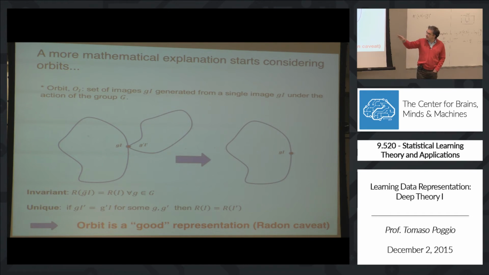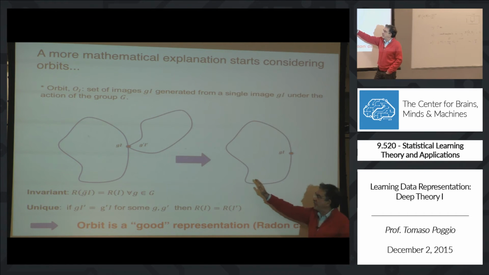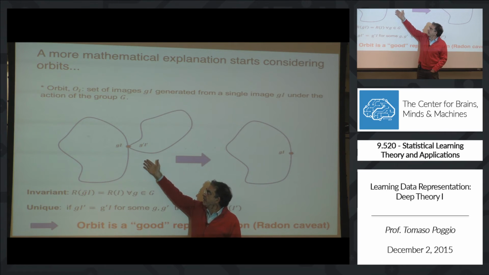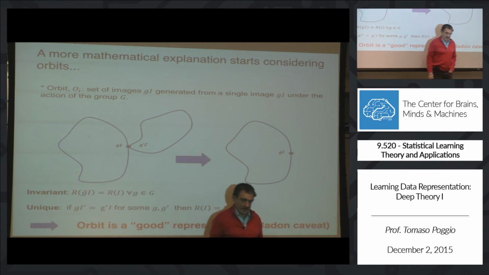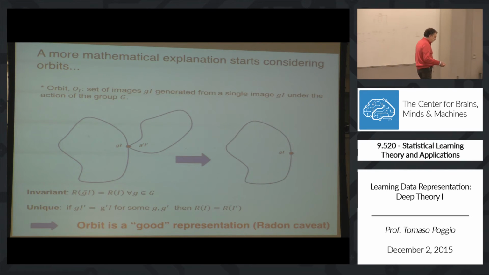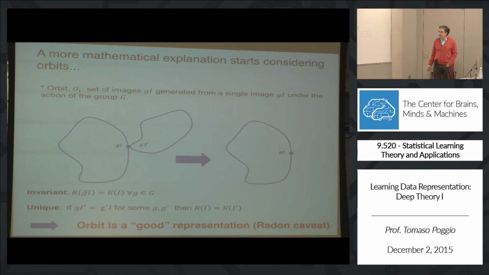But if you forget this question of discretization and errors, orbits are unique, and of course, since each orbit contains all possible transformations under that group, they are invariant.